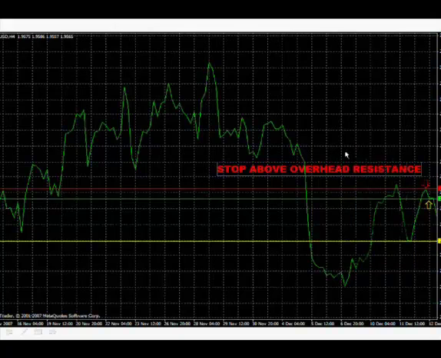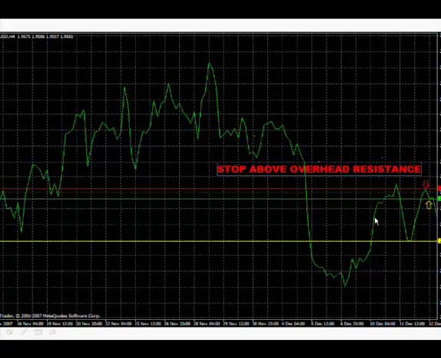So if we want to set our profit target, now we're going to go down here to the very next level of support. So you always want to place your target at the next level of support if you're trading short, and you want to place your stop above the very first level of resistance.